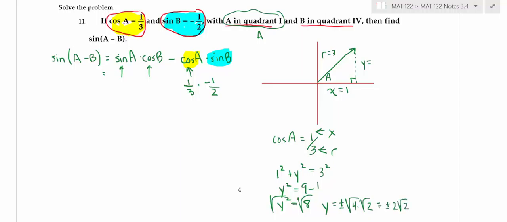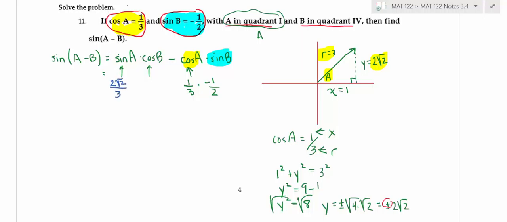Now, since you're in quadrant 1, y is positive, so that will give us 2 root 2. So the sine of A is y over r, which means in this piece of the problem you're going to have 2 root 2 over 3. So that takes care of that.